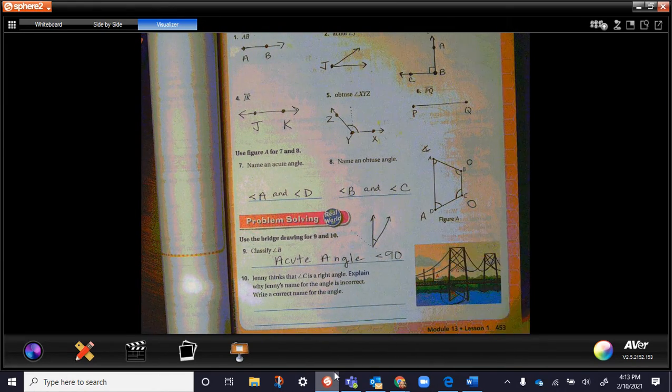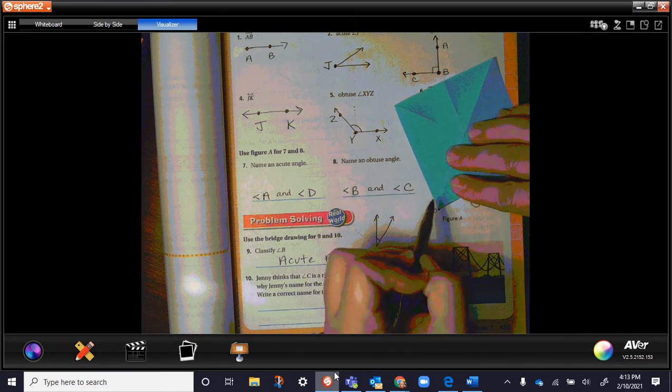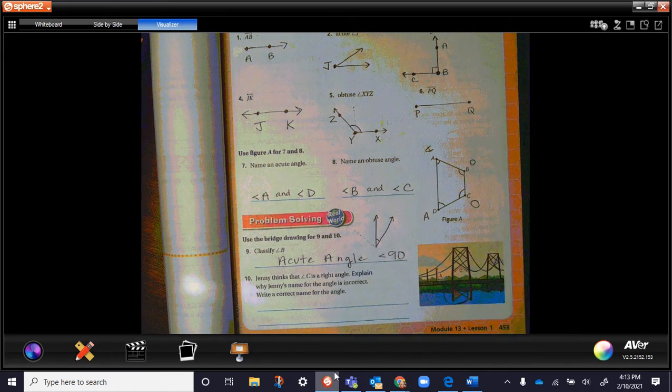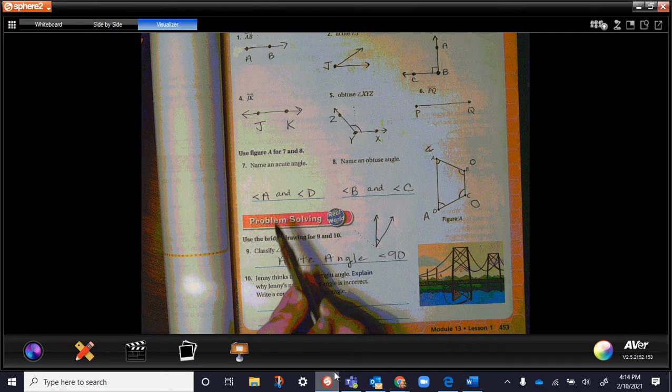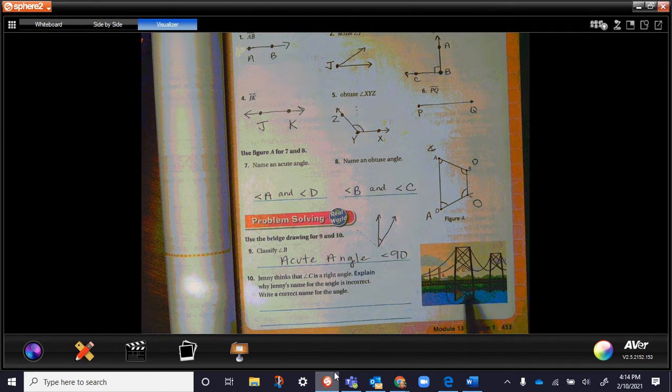We took our piece of paper, and I showed you guys how to line up to see whether something is an acute, obtuse, or right angle. So we found some acute angles, some obtuse angles, and down here on the bottom you've got angle B. We said angle B is an acute angle because it looks like it's measuring less than 90. So we went over those in small group.